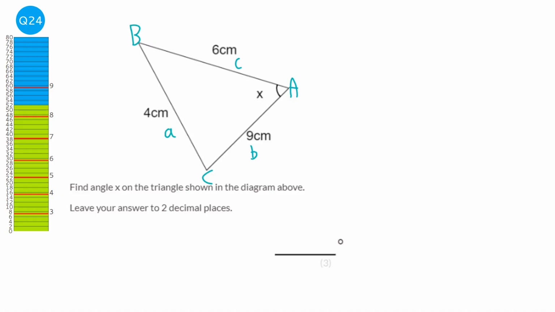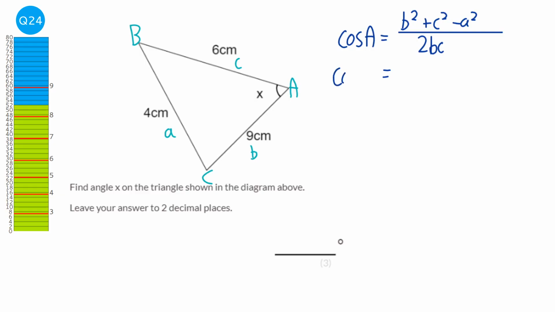So the cosine rule I'm going to use is cos A equals b squared plus c squared minus a squared over 2bc. If you don't know what this formula is, it's just a rearranged variant of a squared equals. It helps if you remember both of the formulas for the cosine rule; it does make things a bit easier.